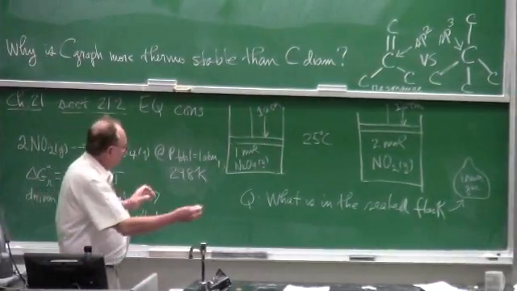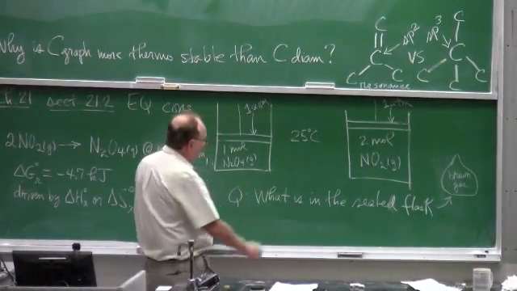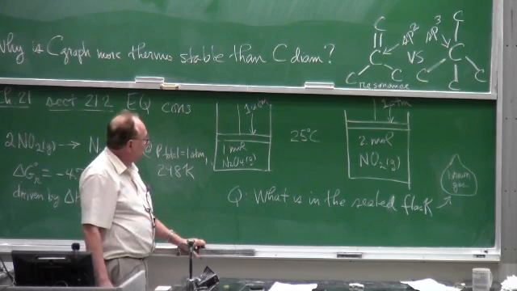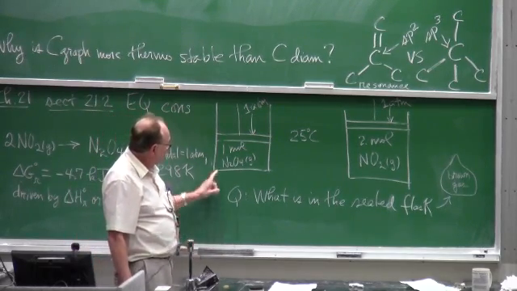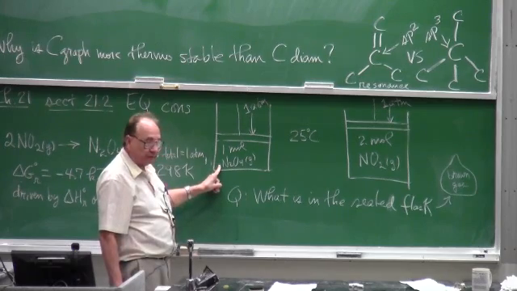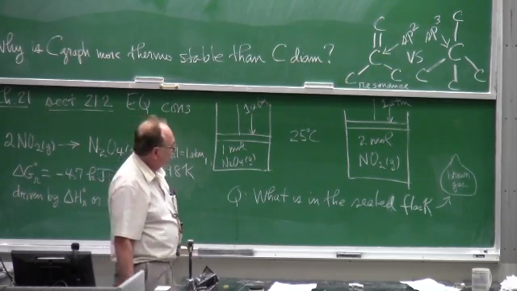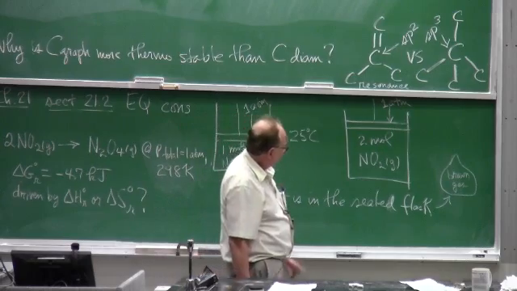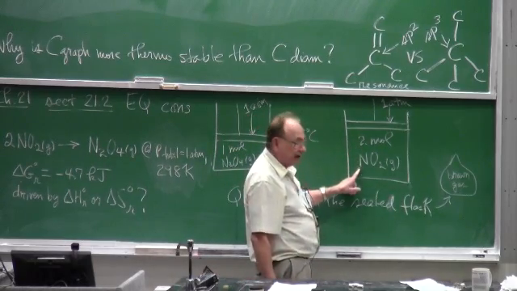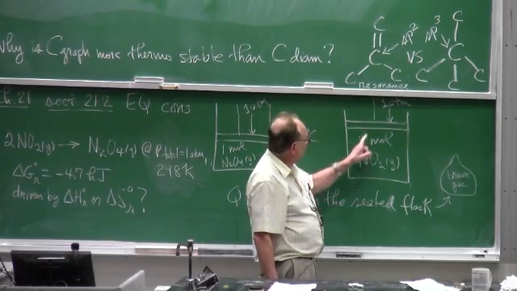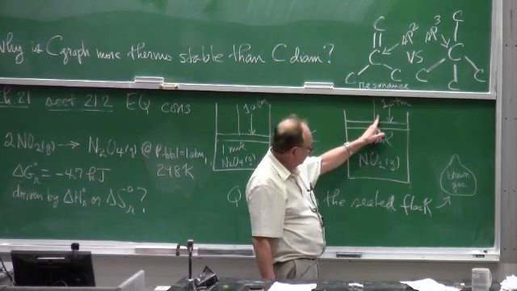We imagine we take a piston cylinder apparatus, and at 25 centigrade, 1 atmosphere total external pressure, we contain within 1 mole pure N2O4 gas. Simultaneously, in a second piston cylinder gadget, we contain 2 moles NO2 gas at a total pressure of 1 atmosphere.